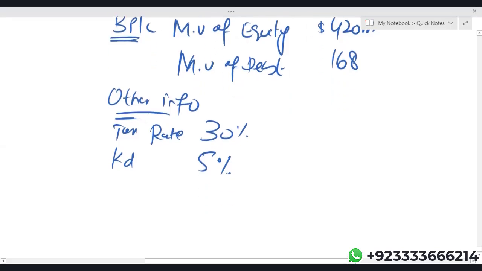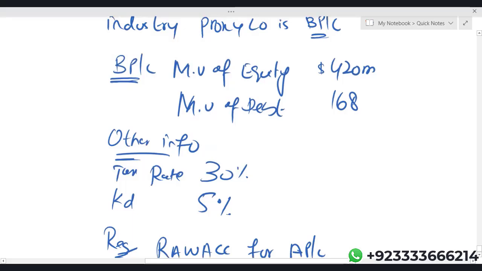Required: risk adjusted BEP for APLC. KE of BPLC is, let's say, 14%.